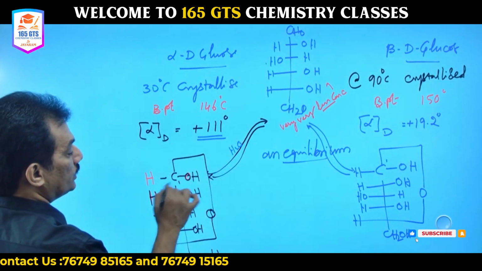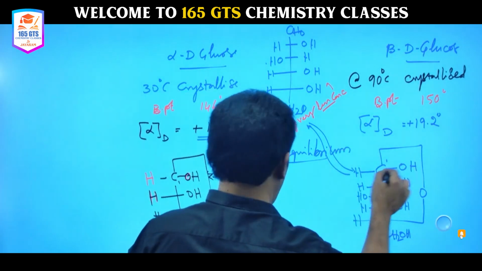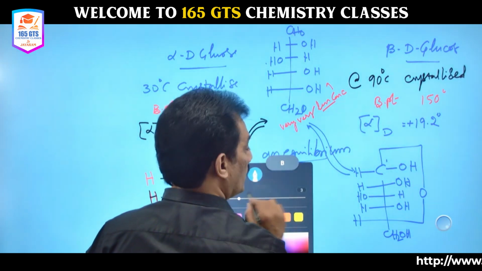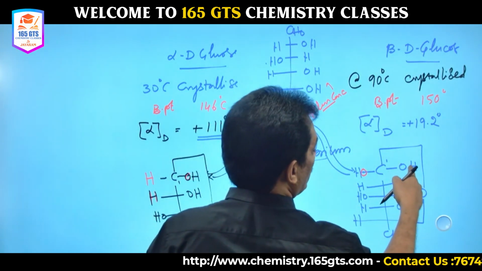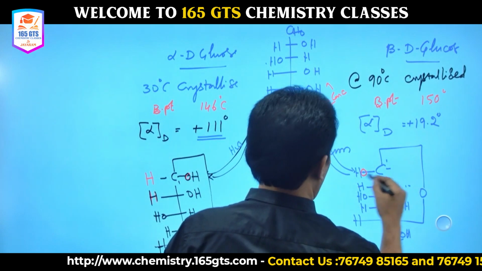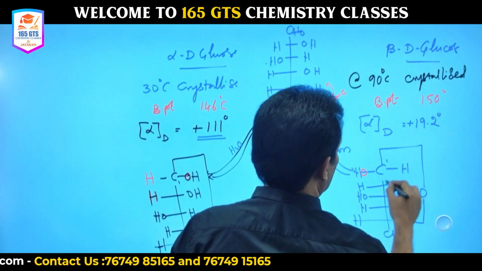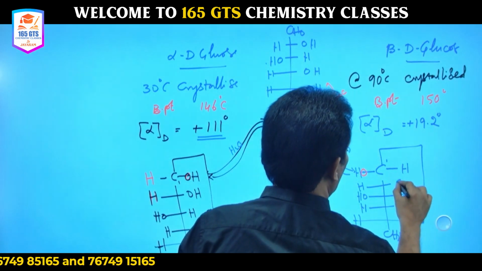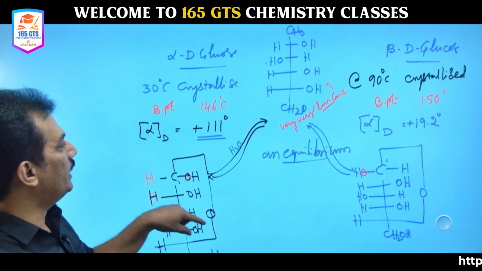Here, one change has happened. It is alpha. And now coming to this beta, beta should possess OH on this side, and this is hydrogen, H, OH. Okay. The representation is given differently.